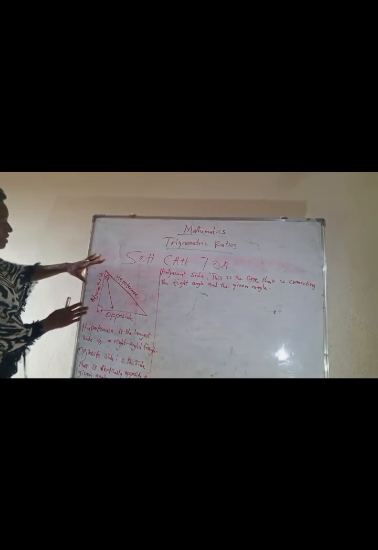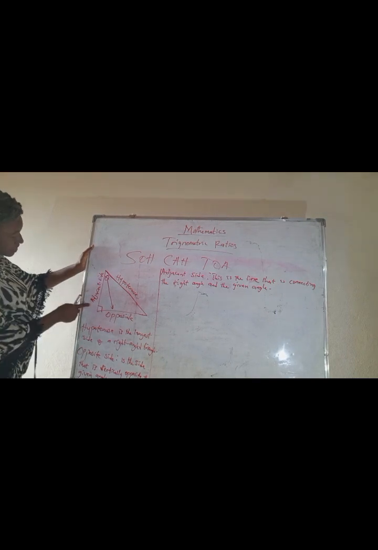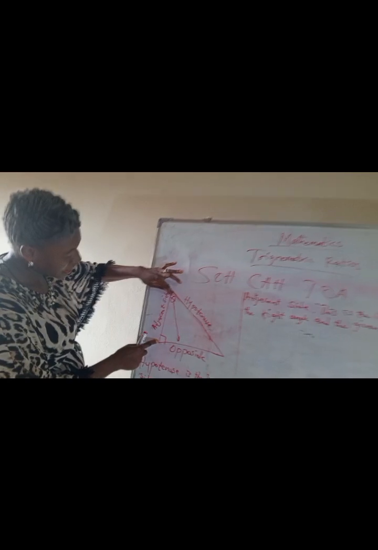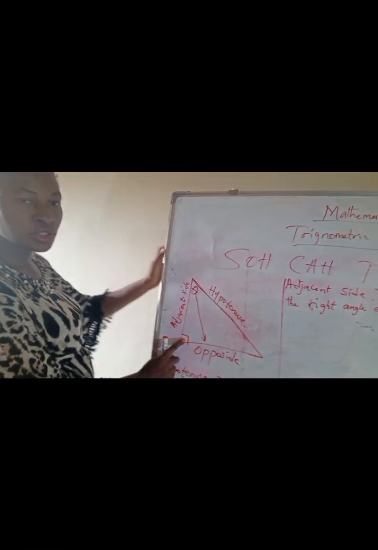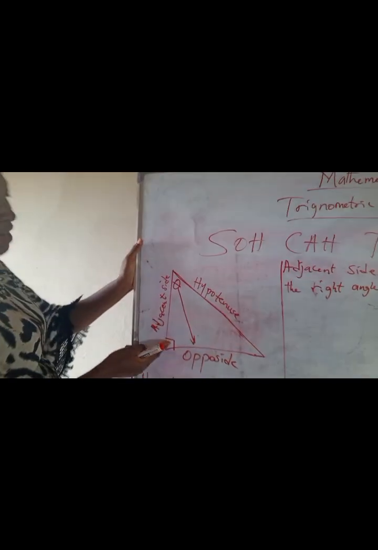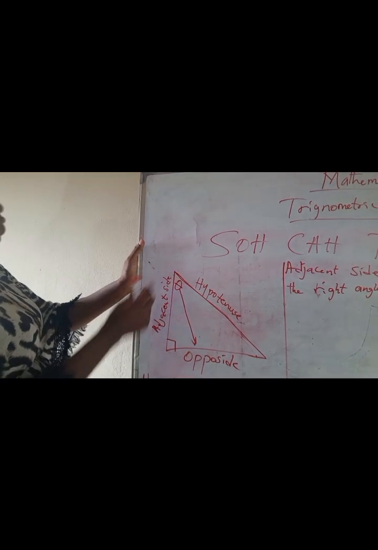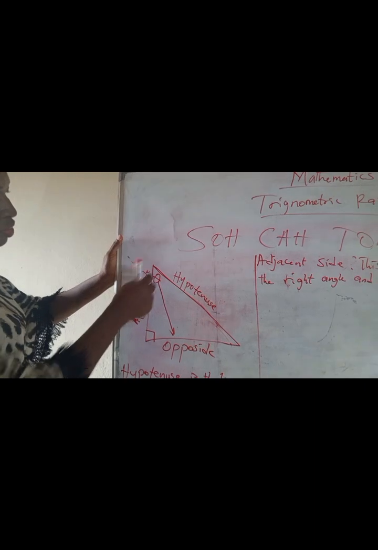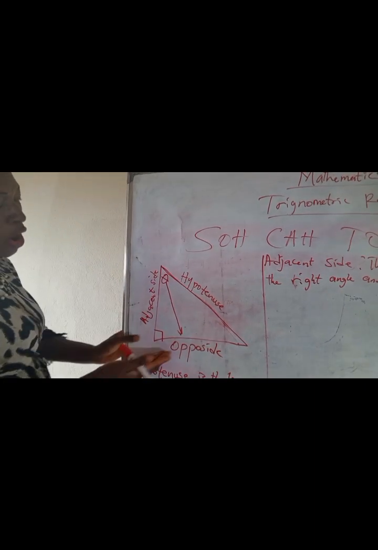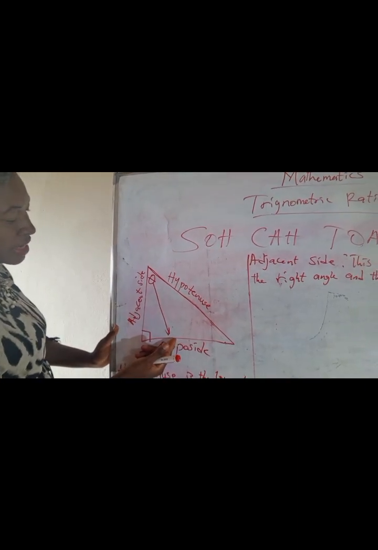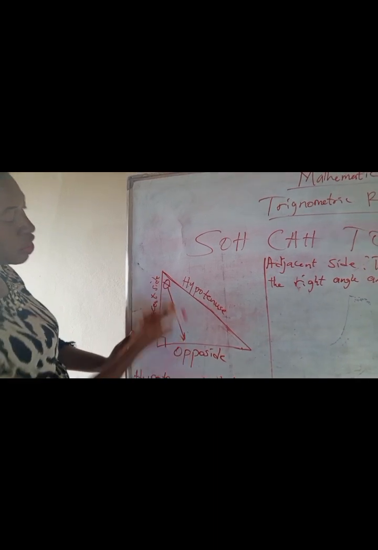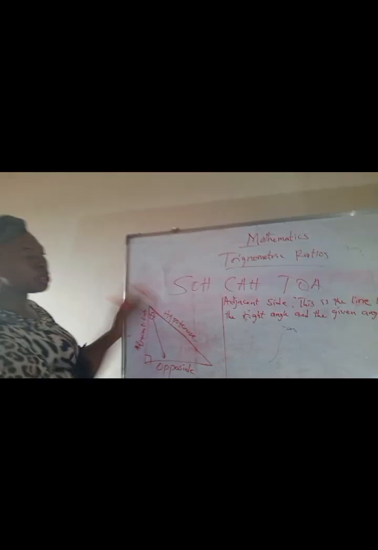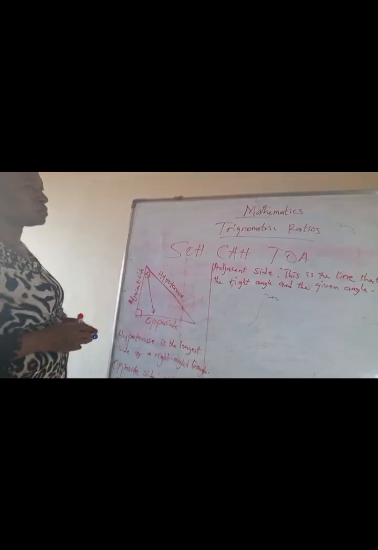If you look at our sketch, this is the adjacent side. This line is connecting this theta and also the right angle. So the adjacent side is the line connecting the two angles, while the opposite is the side that is directly opposite the given angle. The hypotenuse does not change. It is the longest side.